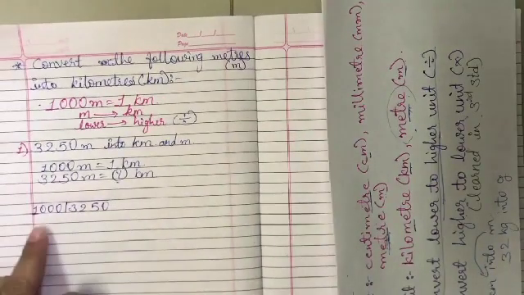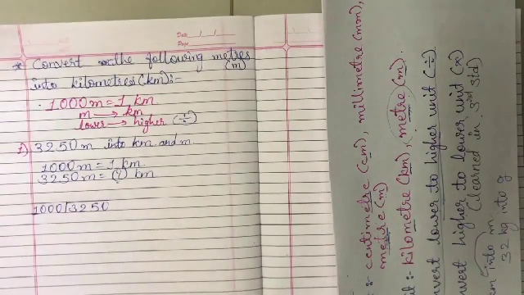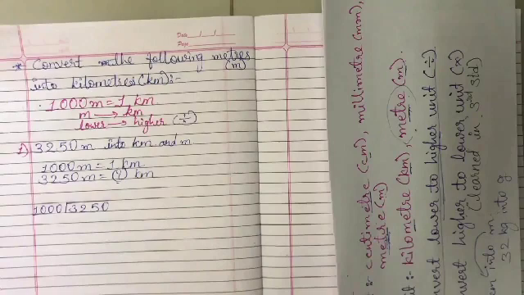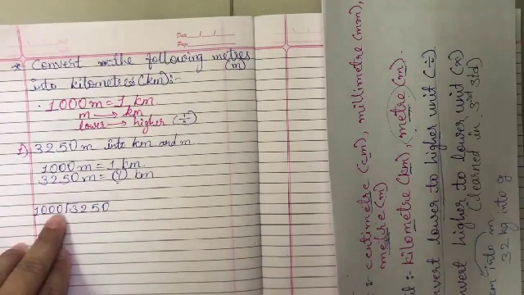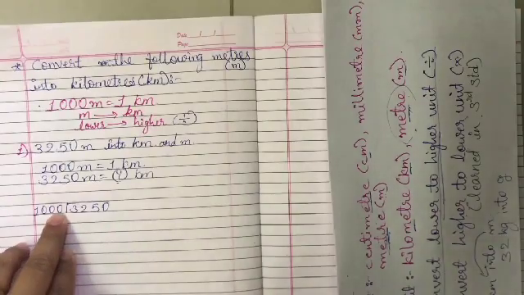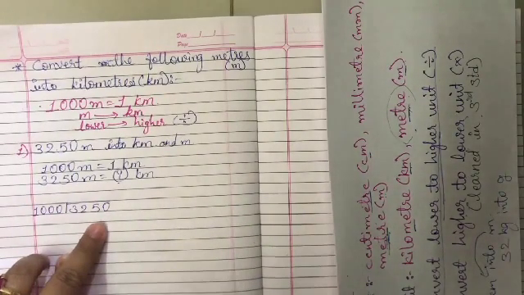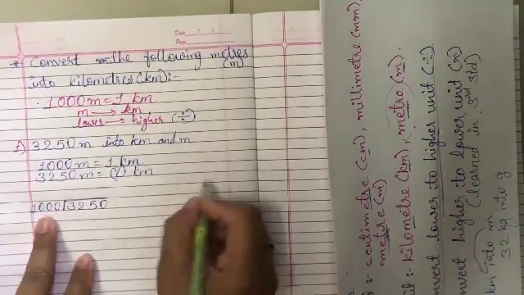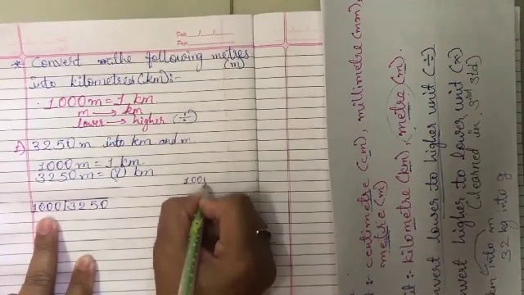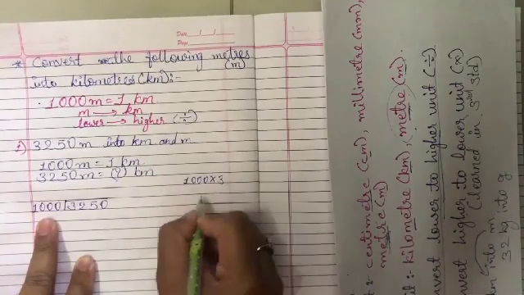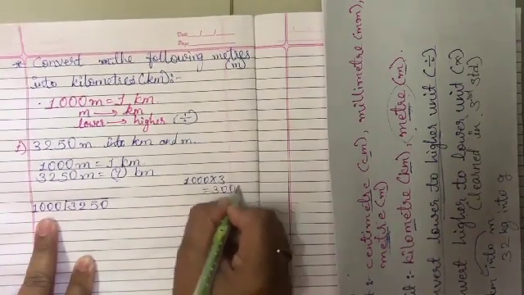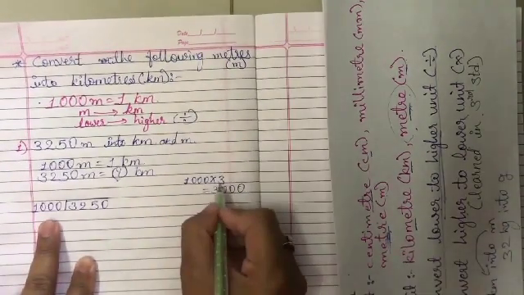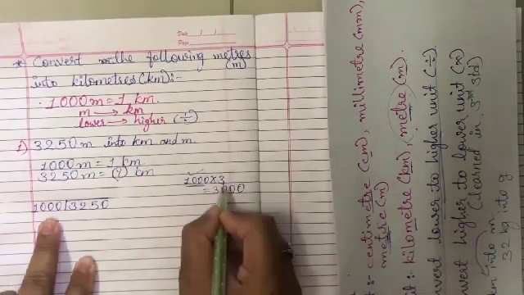So table of 1, where do you find the answer 3? Or if you multiply 0 with any number, the product will be 0. So 1000 threes are how much? 3000.